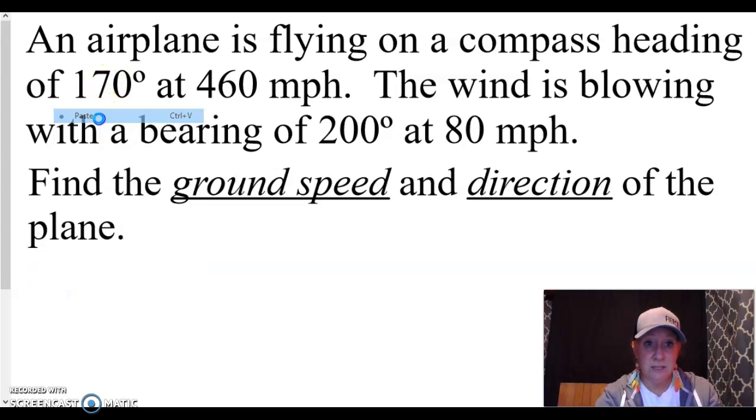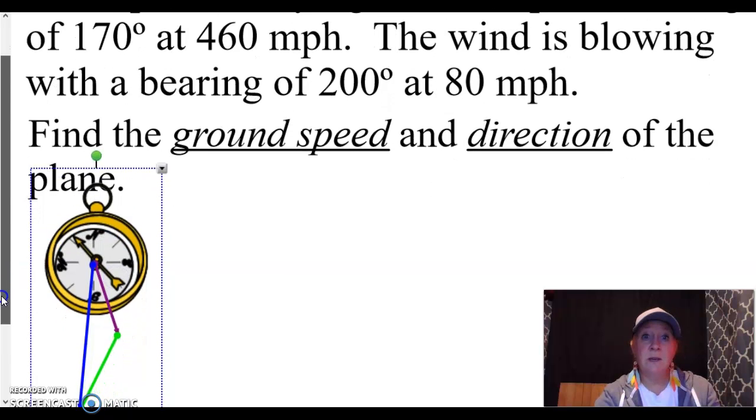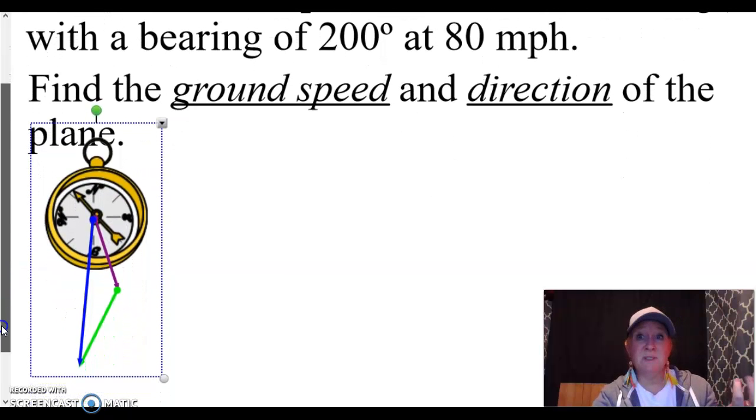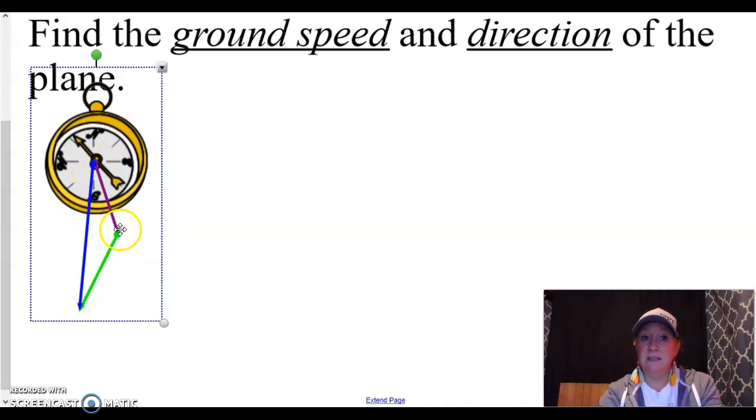And the next question is, all right, so we've got this plane going. What's the ground speed and what's the direction of the plane? So we know that the plane was headed this way, but the wind was headed that way. Again, this is not to scale.